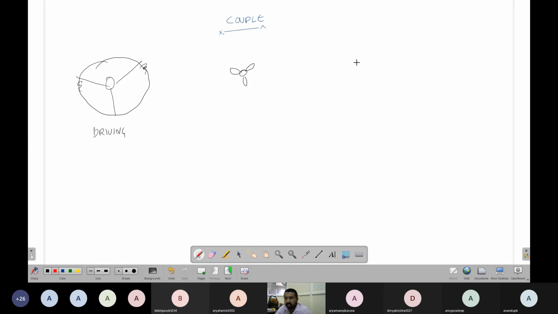Let's say there is a big log. Now let's say you push here, and your friend pushes in the opposite direction.